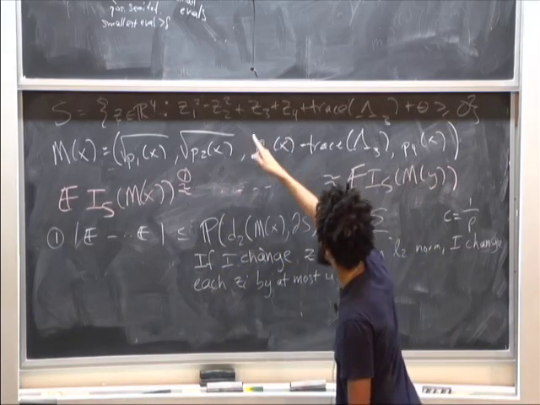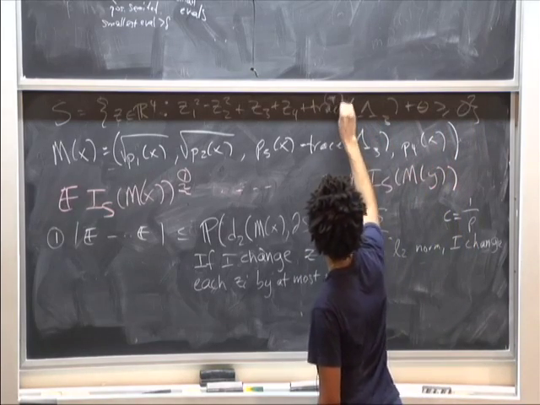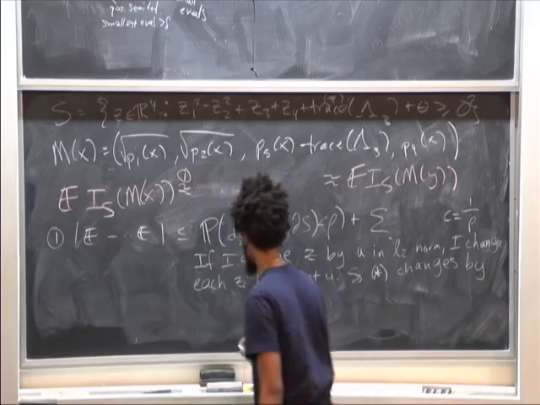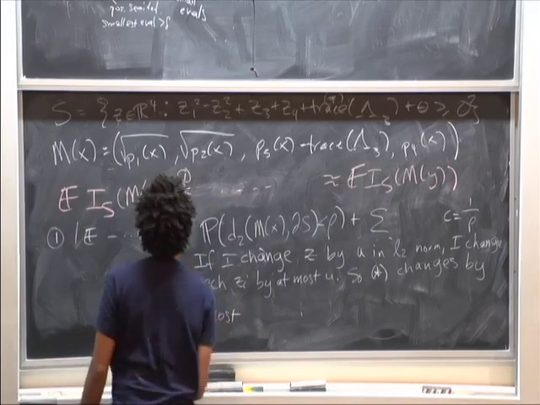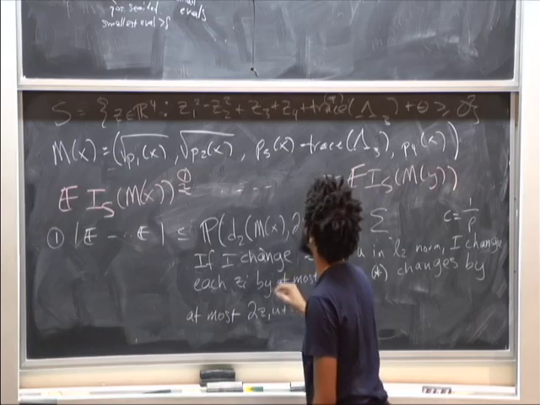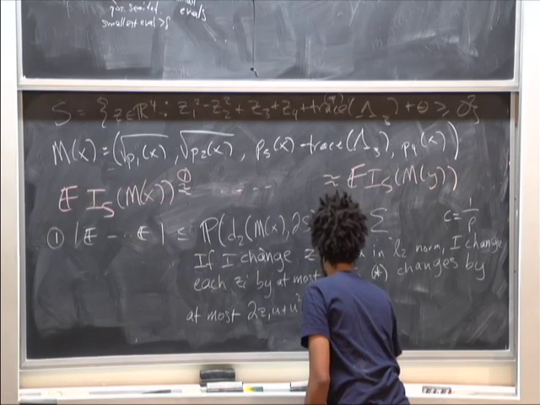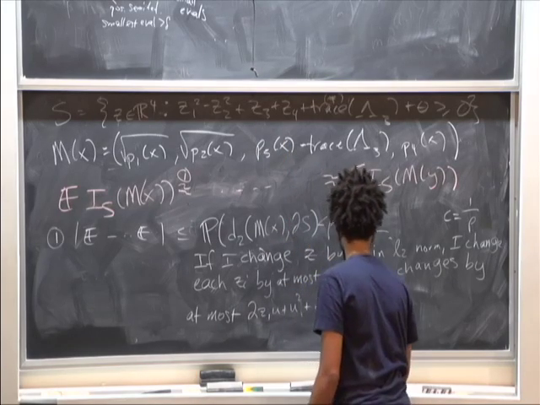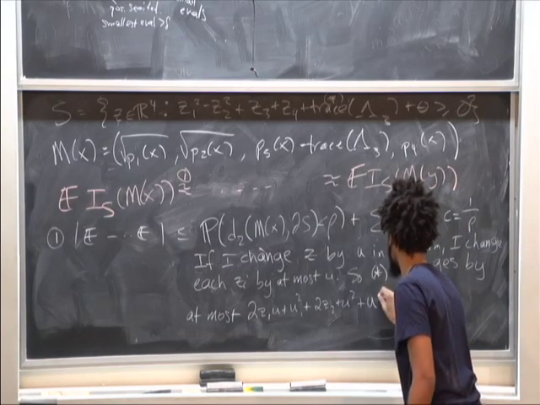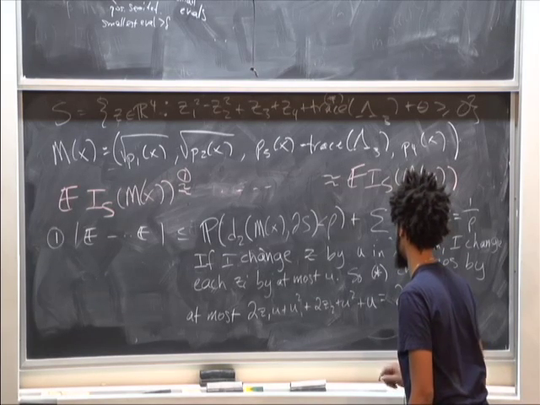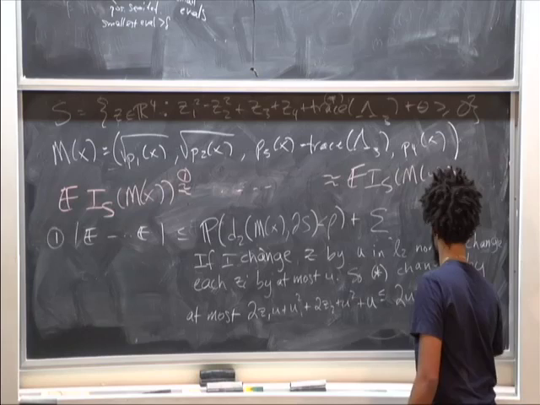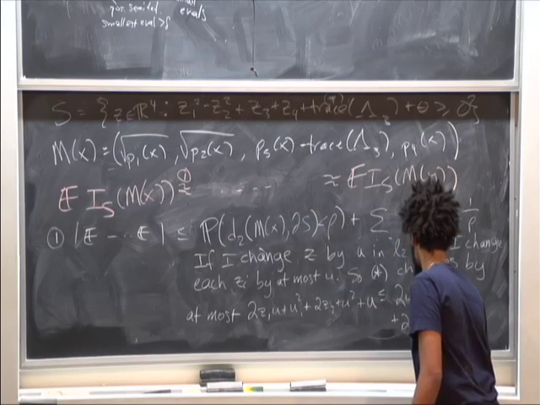So this expression, let me call it star, changes by at most 2 z1 u plus u squared, plus another 2 z2 u plus u squared, and that's at most 2u times z1 plus z2 plus 1, plus 2u squared.